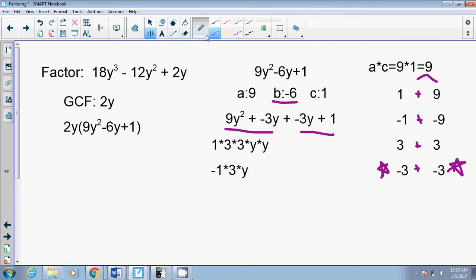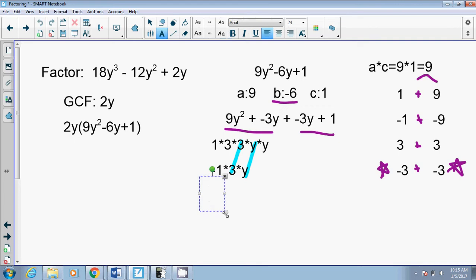And then when you look at these two, hopefully you identify the greatest common factor as 3 and a y. So really you have 3y as your GCF. What's left over? 1 times 3 times y, which is 3y, and then a -1.